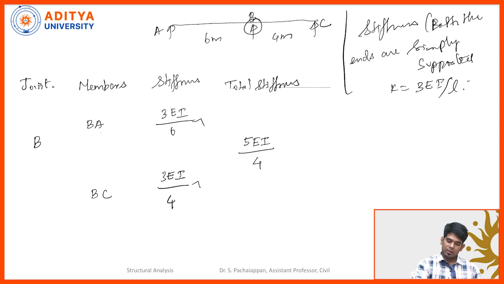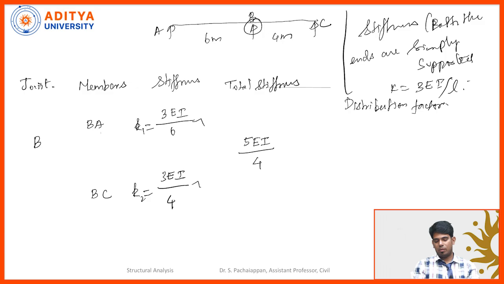Now I am going to calculate the distribution factor. So what is the distribution factor? For example, this is K1, this is K2. Stiffness of member 1 is K1, stiffness of member 2 is K2, and this is the total stiffness, let's say K. So here I am going to put K1 by K, here I am going to put K2 by K. So let's substitute.